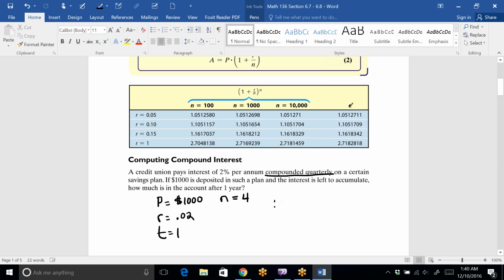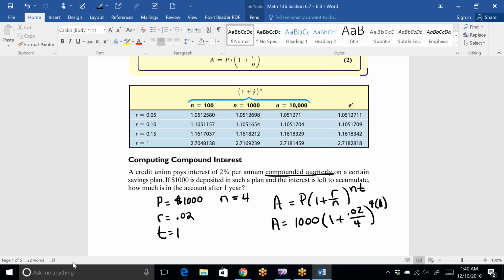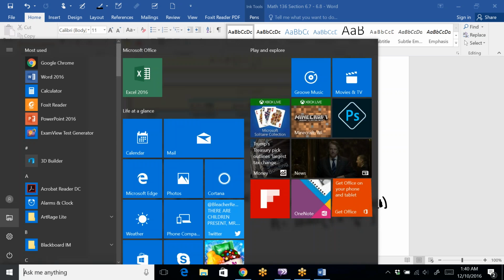If we plug this into our formula, I'm just writing the formula down, and I am sorry, I'm still suffering from the laryngitis, but we're going to do the best we can. So this is 1,000 times (1 plus 0.02 divided by 4) to the 4, and this is for 1 year, so t is 1. So it's pretty much just to the 4th power.